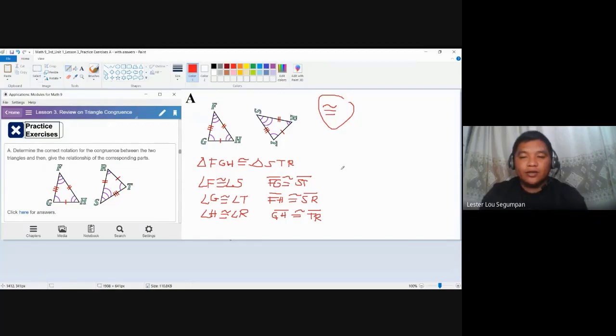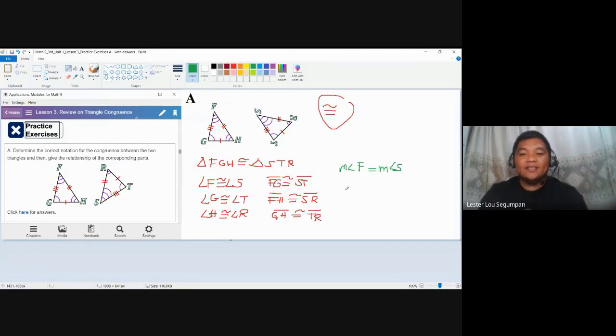So we could rewrite this: the measurement of angle F is equal to the measurement of angle S. We could only say congruence of parts and equality of measurements, not the equality of parts nor congruence of measurements.